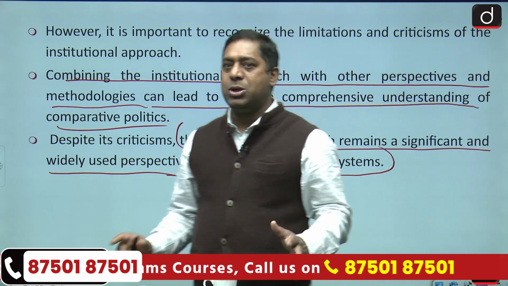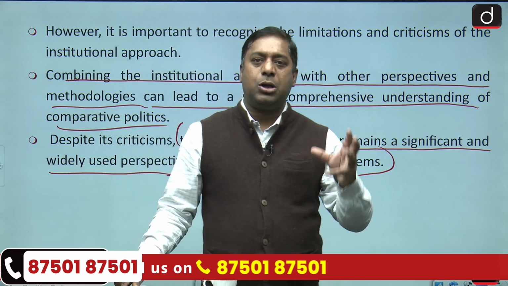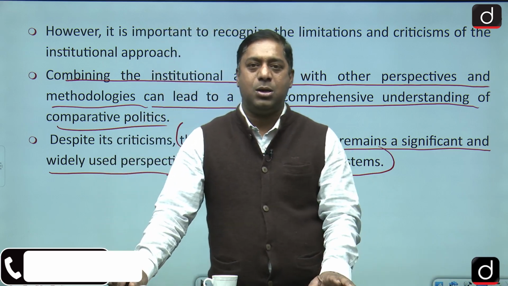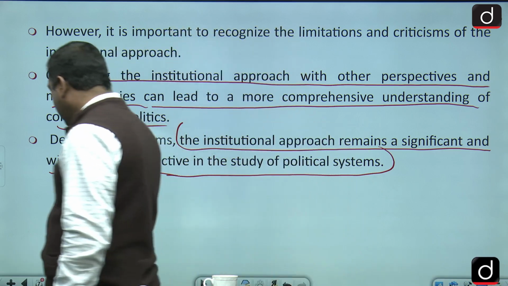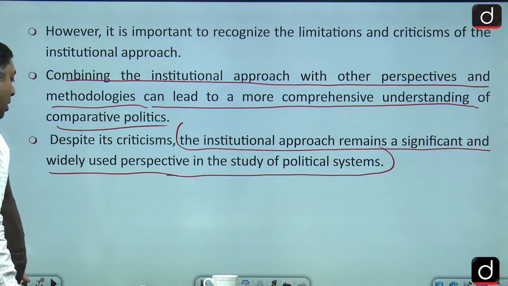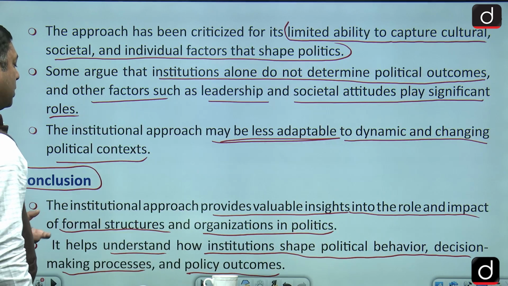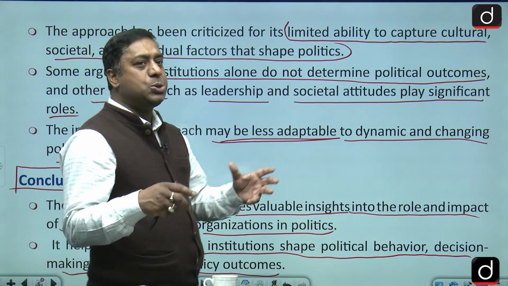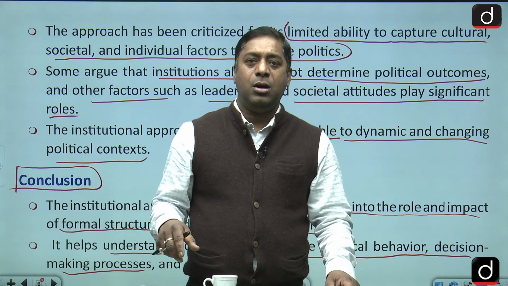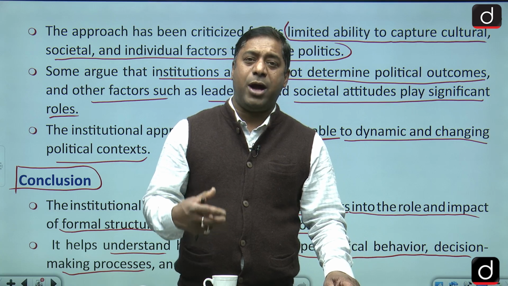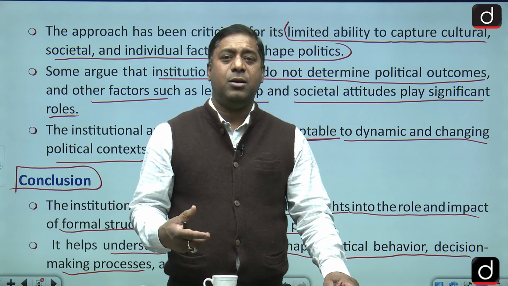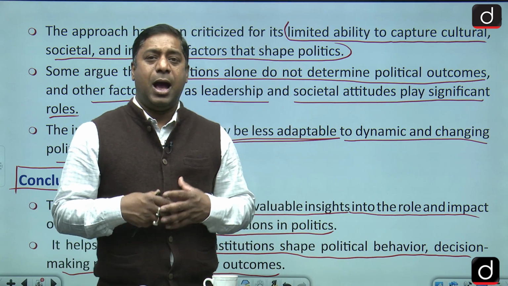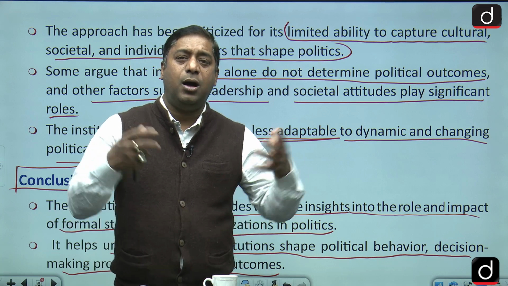So the entire conclusion is that the institutional approach tries to talk about the significance of political structures. It tries to talk about the significance of formal structures and formal institutions in politics. Plus, it also says that these institutions play a great role, like these institutions try to shape the political behavior. It also helps in the decision making process as well as in the political outcome.